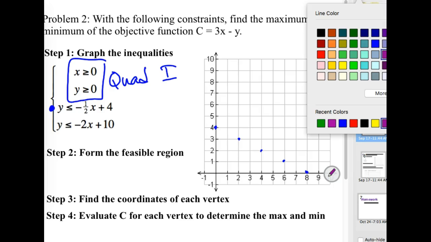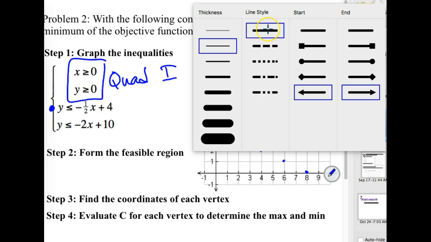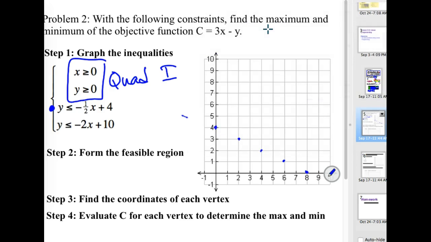Solid. Okay, shading above or below? Below. Okay, and let's do a different color.